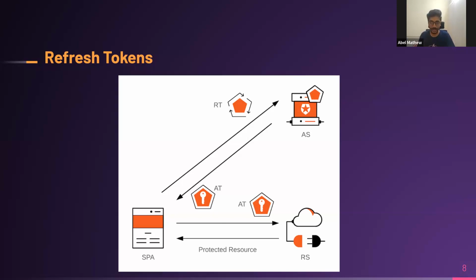So the fair question once again is, what if someone steals the refresh token? Because if someone can steal the access token, they can very well steal the refresh token. The interesting aspect is that refresh tokens are monitored. Say you are using refresh token 1, and the attacker stole it and is also using refresh token 1. The authorization server, the AS that you see on the screen, will track refresh tokens.